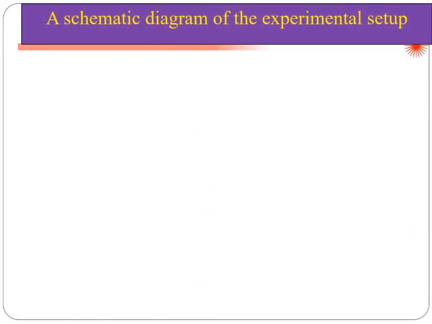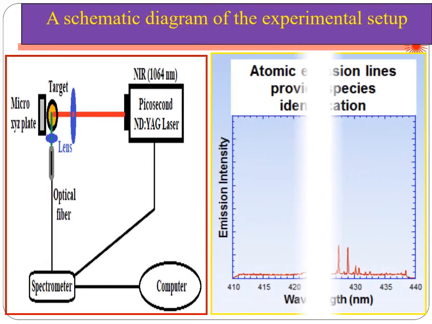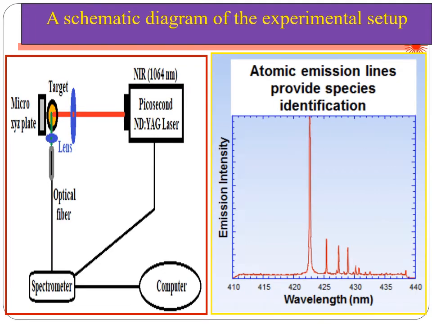The emission of this plasma plume can give us detailed emission lines, the characteristic lines of copper in this case. These are the characteristic lines of copper.